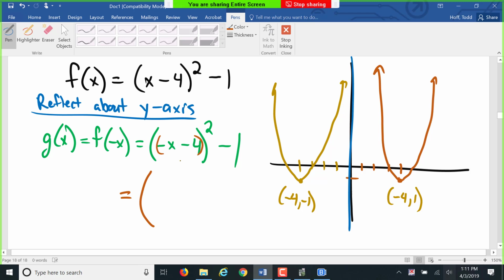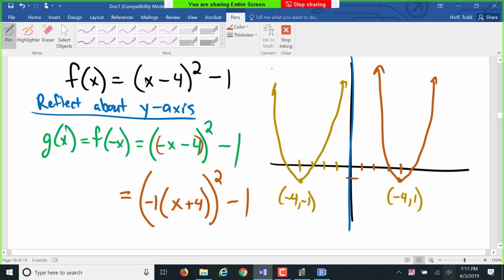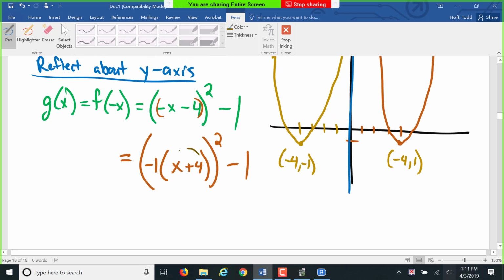Imagine that being in other parentheses. If I factor out the negative 1, so it'll be negative 1, and now that does become positive x plus 4, and that's all squared. So what this is saying is the x plus 4 is still squared, but the negative 1 is also squared.